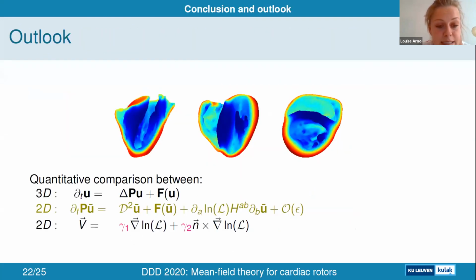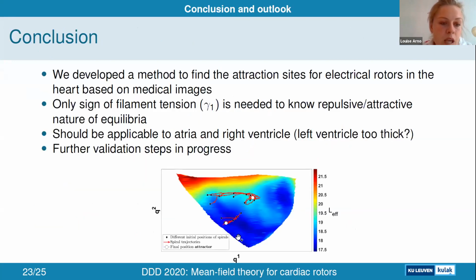Now, what do we still have to do? We still have to do some 3D simulations to compare the three-dimensional reaction diffusion equations with our 2D theory. In conclusion, we have developed a method to find the attractor sites for electrical rotors in the heart based on medical imaging.